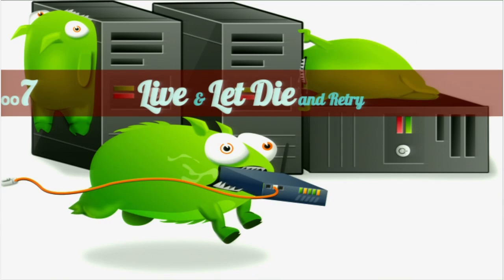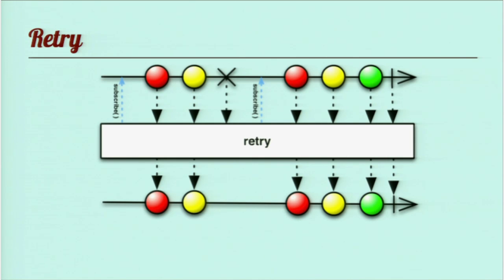And one interesting aspect is retry, so live and let die and retry. So out of the box with RxJava, you get operators like retry. What does it mean? You get more advanced error handling with this.